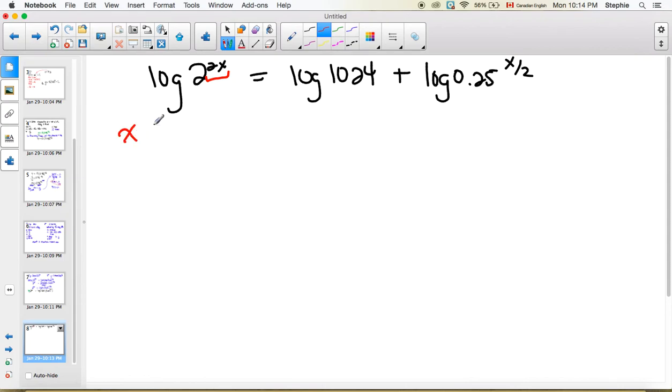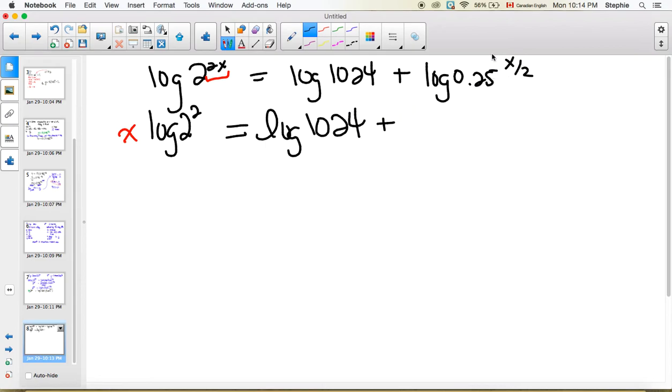I'm going to pull out just the x and then do log of 2 to the power of 2. I'll just leave it like that, is equal to the log of 1024 plus, I'm pulling out only the x, and I'll write it in red so that you recognize it. There we go. Log of 0.25 to the power of a half.